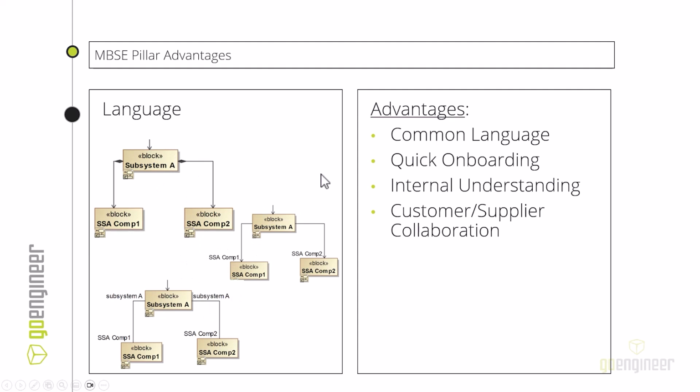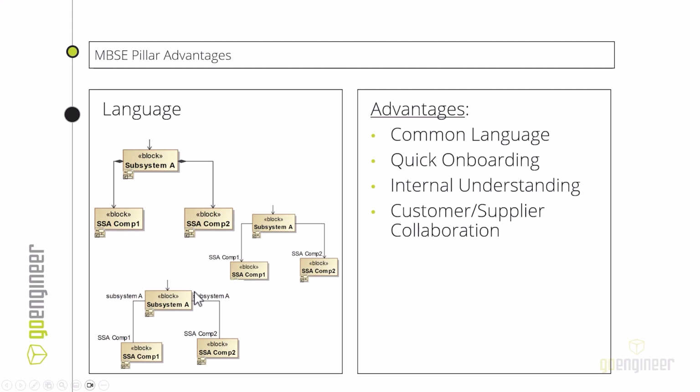So the advantages of having a common language are the quick onboarding and internal understanding, as well as customer and supplier collaboration. So someone who understands SysML will be able to come in and view your model and instantly be effective on your team without needing a lot of conversation about what different symbols mean, how your entire project or your system is built, or even how some suppliers fit in.